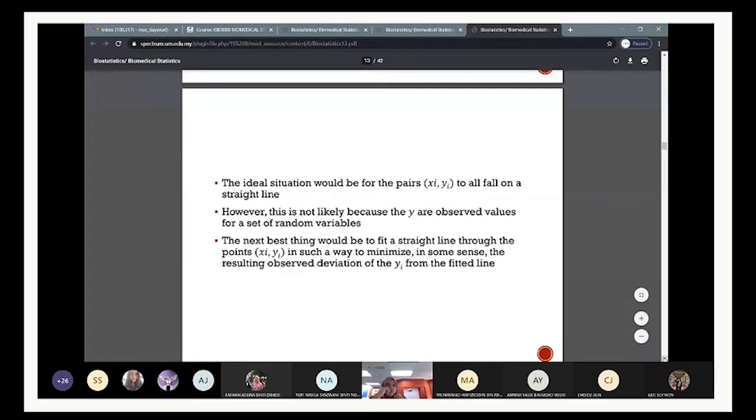The ideal solution would be the blue dots all on the line, meaning the error is 0, but that is unlikely. Because we are using real sample data, we want to fit the best straight line that minimizes the error, meaning it minimizes the deviation of the actual y value from the y hat, the y on the line.